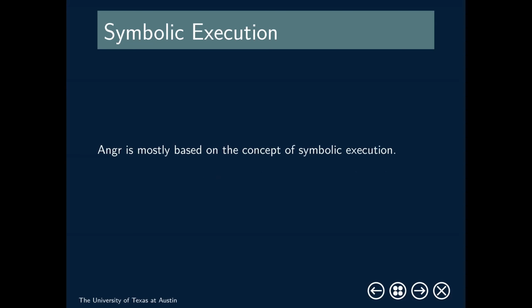So why do we care about symbolic execution? The answer is that Angr is essentially based solely on this concept of symbolic execution. There's a few extra things built into it, but at its heart, it's a Python library used for symbolic execution.